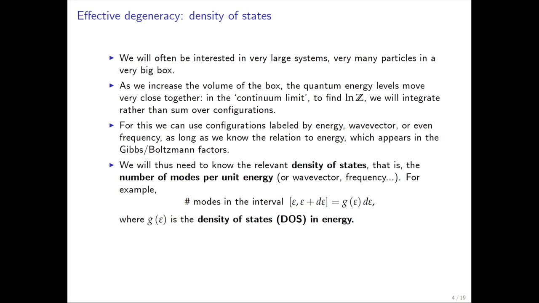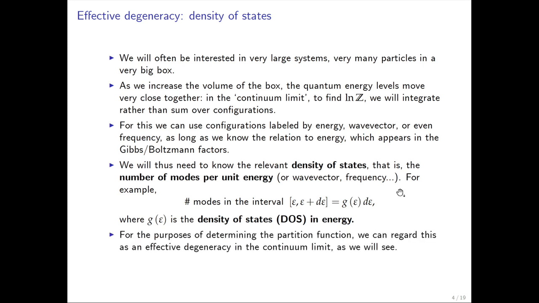So the number of modes in this interval epsilon to epsilon plus d epsilon will be this density of states G of epsilon times d epsilon. So this is the density of states. We'll call it DOS, sometimes in energy. And like I said, for the purposes of determining the grand partition function, we can regard this as kind of an effective degeneracy in this continuum limit. We'll see how that works.